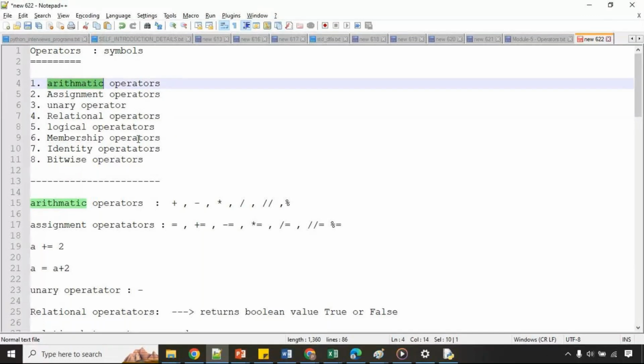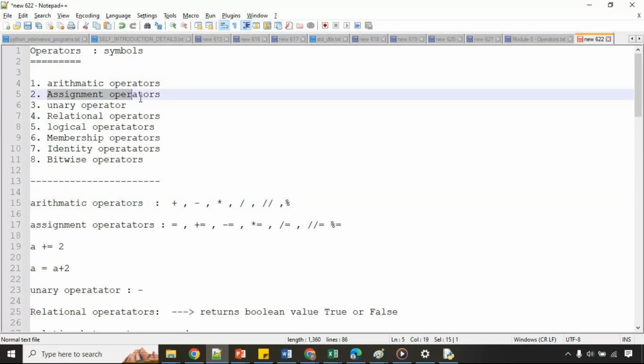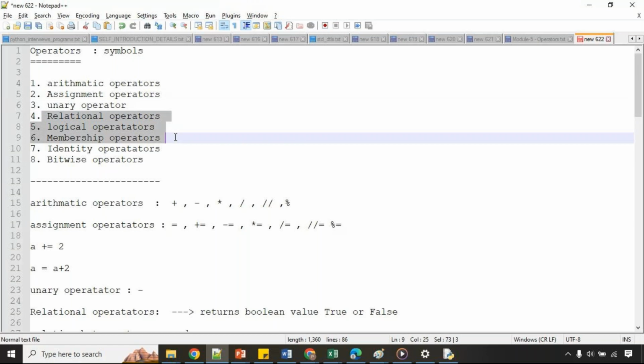Arithmetic operators: plus, minus, multiplication, division, modular division. Assignment operator, just assigning a value. Unary operator, minus. Relational operators: less than or equal to, greater than or equal to, which return a Boolean value. Logical operators: and, or, not.